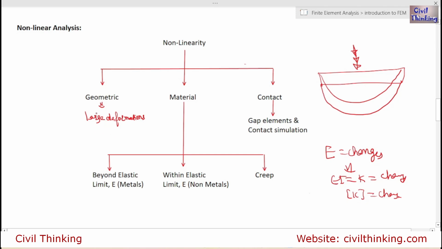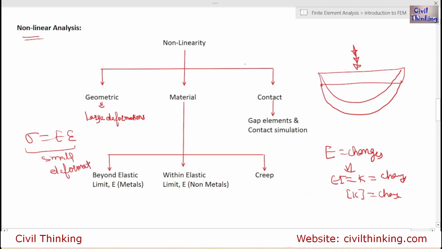So in case of large deformations, because the internal structure of the body changes, we have to set the analysis to non-linear analysis. Keep in mind that large deformations mean a non-linear analysis, because like I have told you, stress is equal to E times strain. This is Hooke's law, right? This is linear, but it is only valid for small deformations.